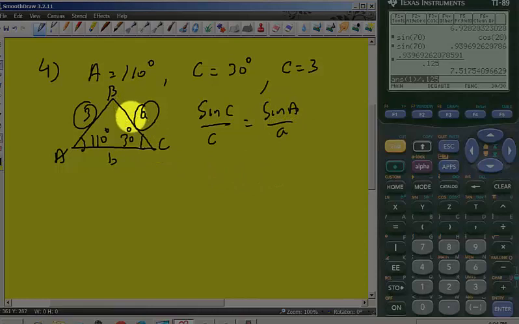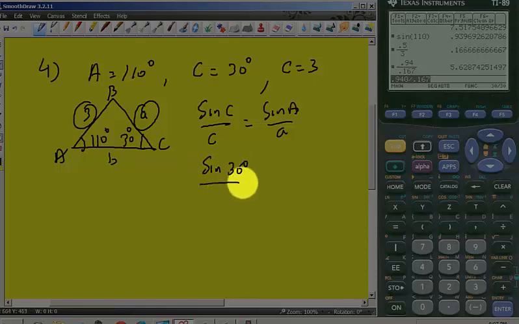Now I know actually angle B also, but sine of C means sine of 30 degrees is to side C, which is 3, and that's equal to sine of angle A, which is 110 degrees, is to side A. Okay?